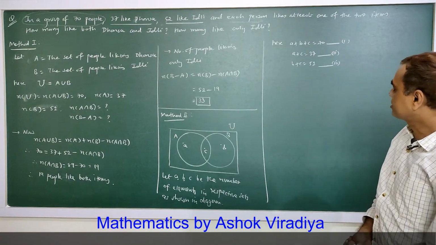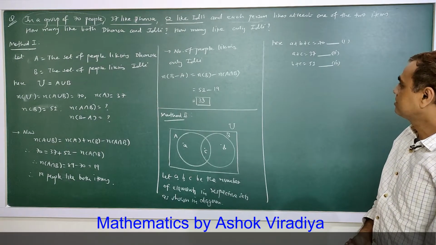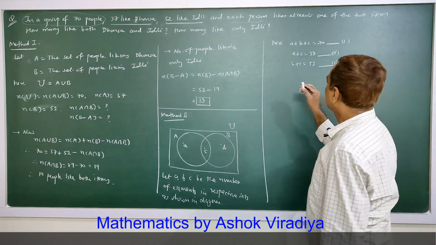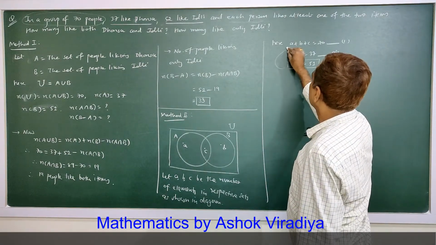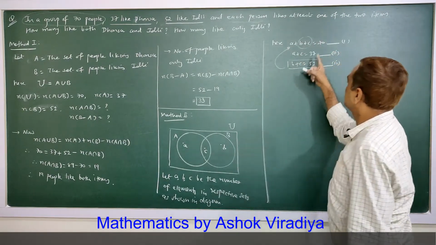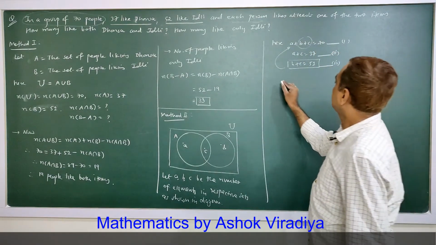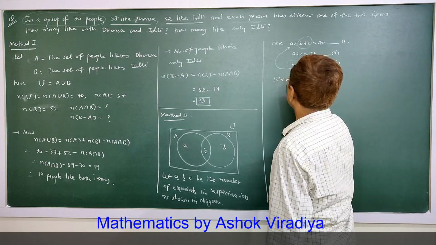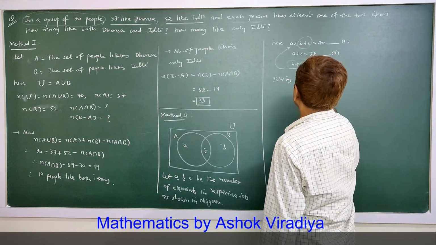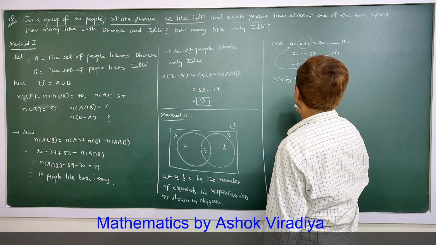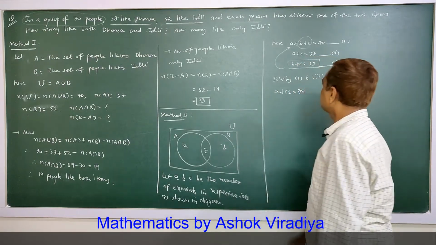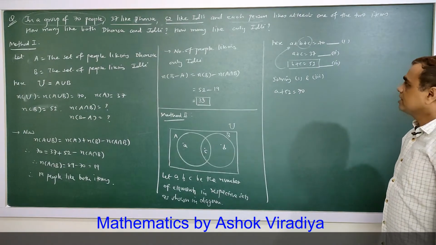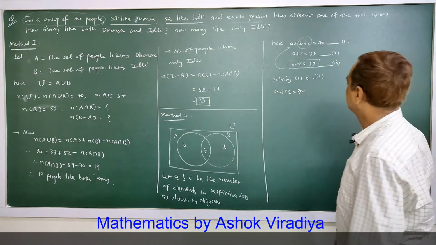Now we solve these equations. From equation 3 we put the value into equation 1. Here we put B plus C is 52. So solving 1 and 3, A plus 52 is 70.